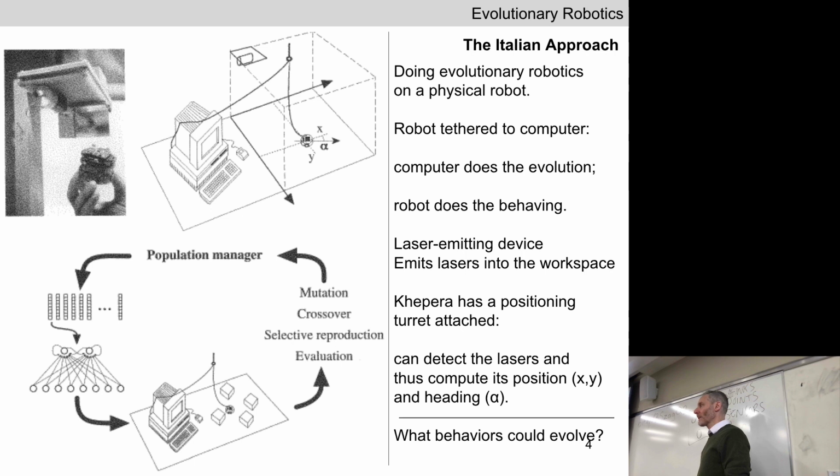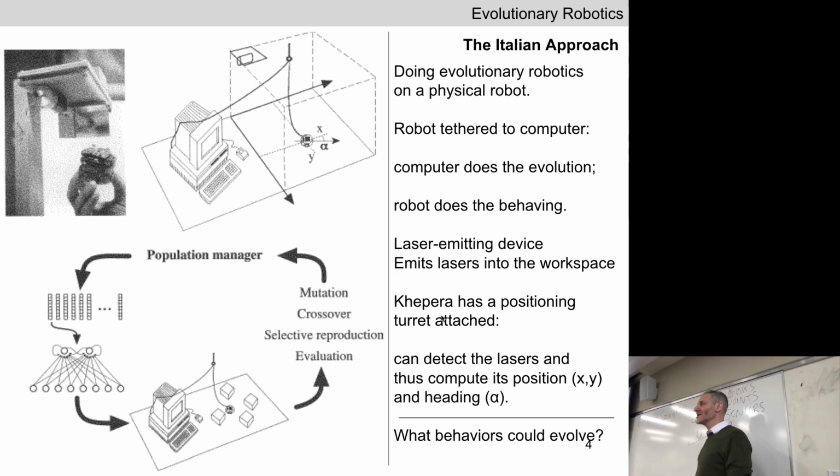So far, so good? Okay. All right, so what are the sensors? There was a little laser up in the corner above the table, and that laser would shine down onto the Khepera, and that would allow the system to take that laser information and compute the XY position of the Khepera on the tabletop and alpha, the heading of the robot.